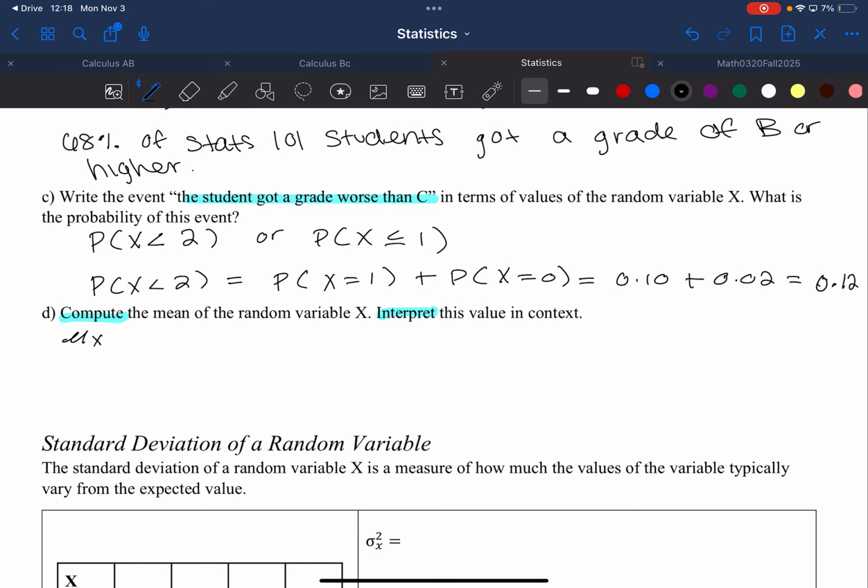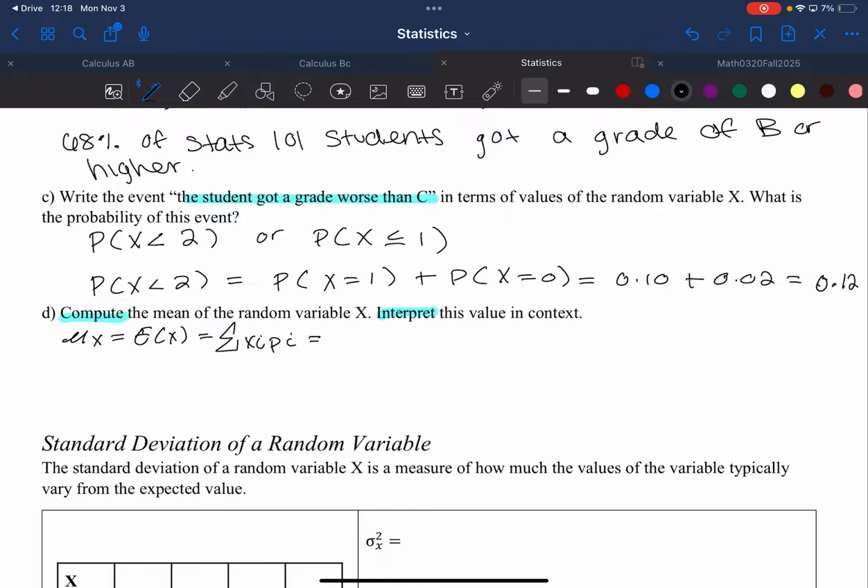So mu of X, which is equal to the expected value of X, is equal to the summation of X sub I and P sub I, which means we take all of our X values and multiply by their probability and then add them all together.